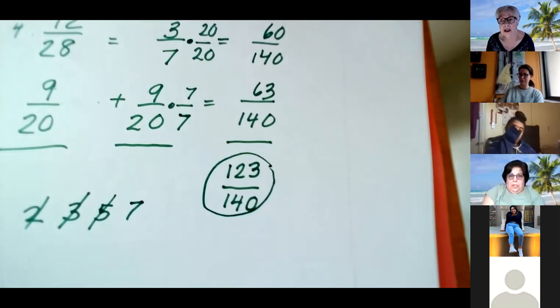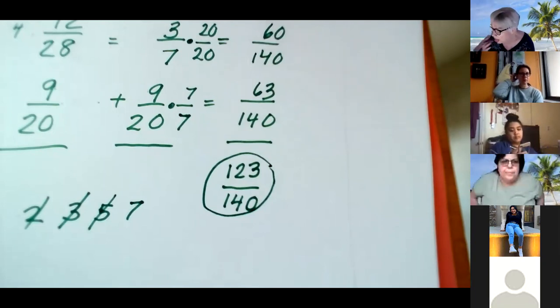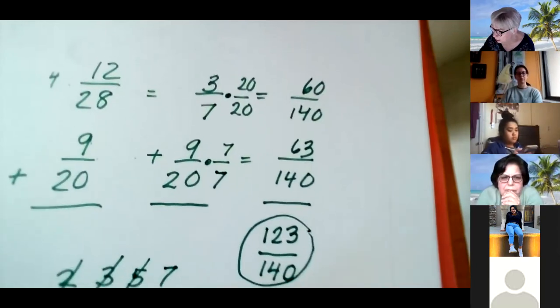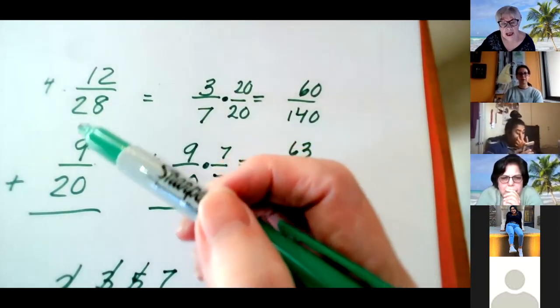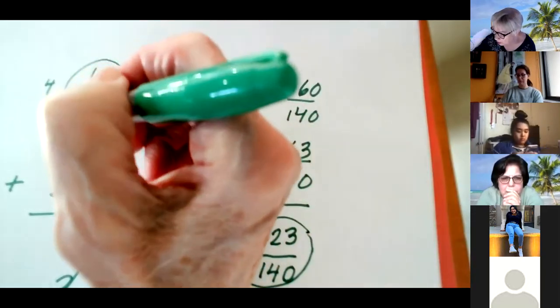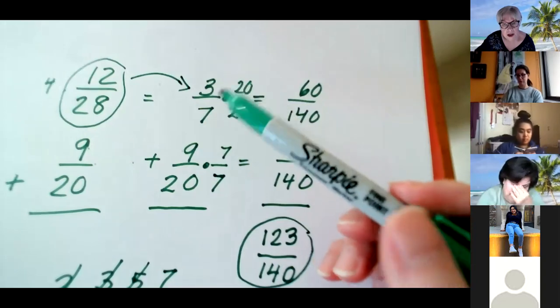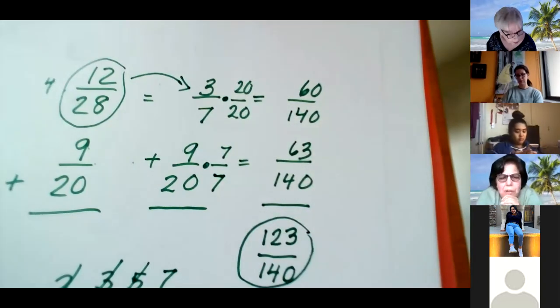And I don't want to labor this too much, but I think that's our final answer. The reason I showed this problem was because it was too big to begin with. This particular number could be reduced, even though it was still a project, to 3 over 7. And that made the problem easier to do.